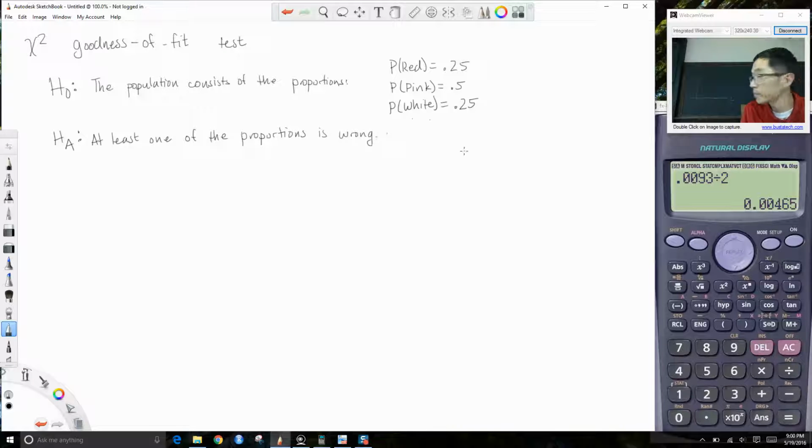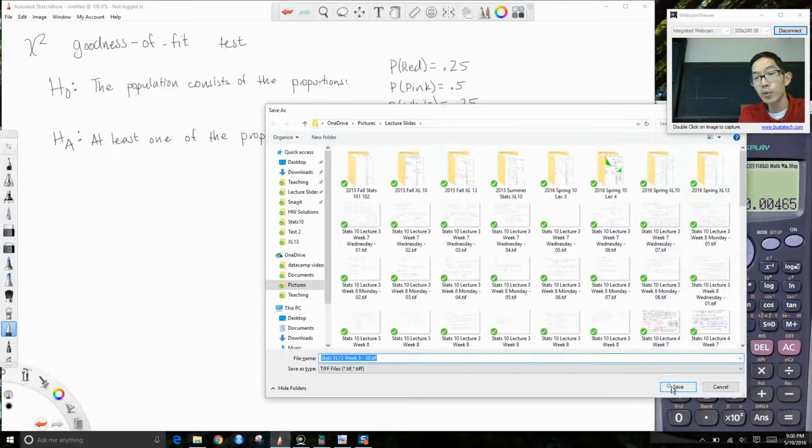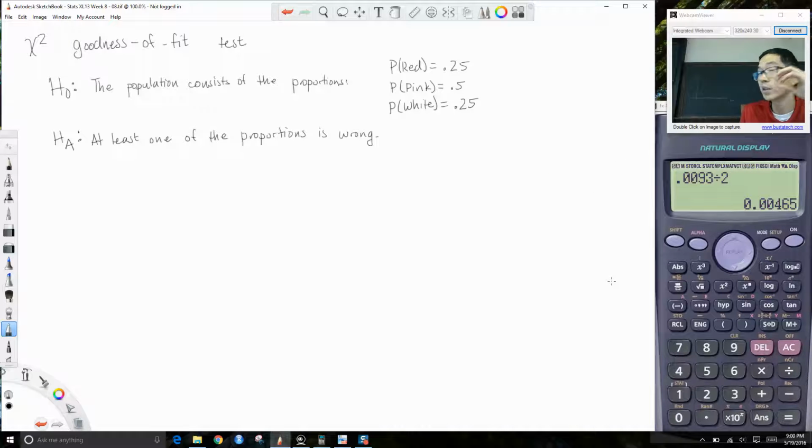Okay. Now, anytime you have more than two categories, the alternative will always be non-directional. If you have over two categories, the alternative is always non-directional.